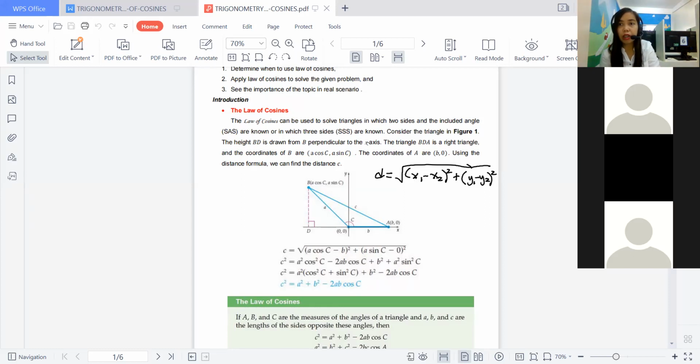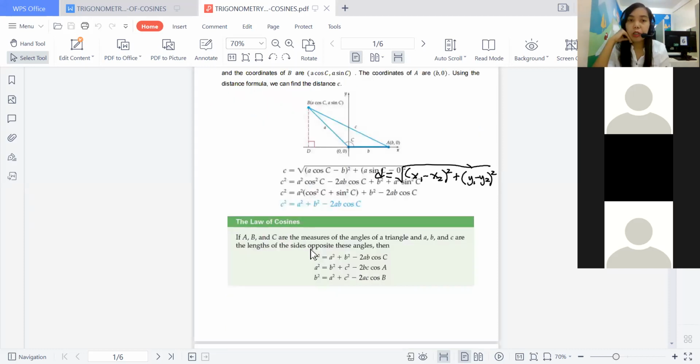So therefore, if we are asked to find c, we will have c squared is equal to a squared plus b squared minus 2ab cosine C. So just remember for law of cosines, if you are asked to find c squared, here you will add the squares of the two legs, a squared plus b squared, minus 2 times these two legs, ab. And whatever the angle of side c is, we'll have cosine C since we're using law of cosines.